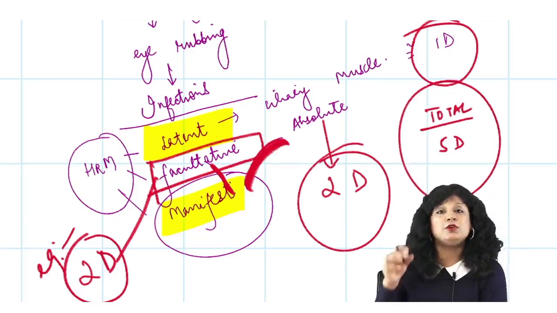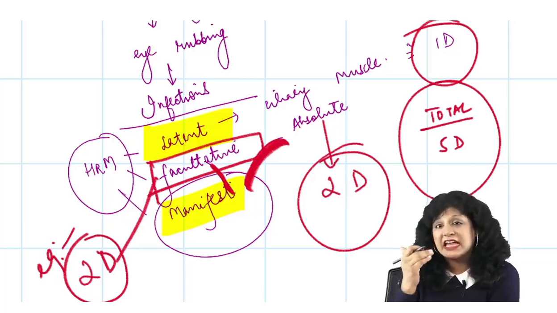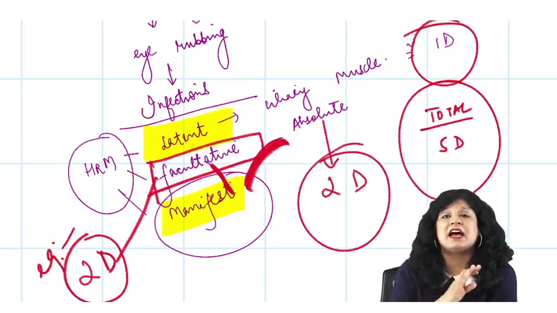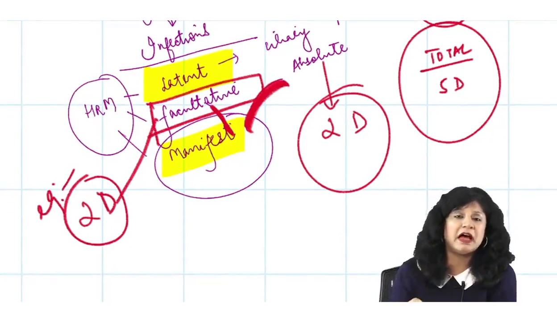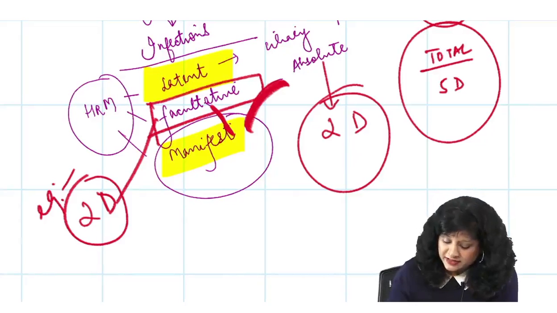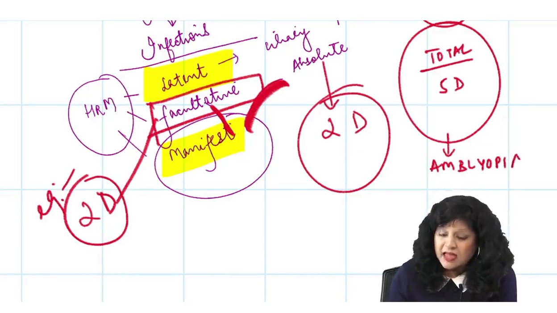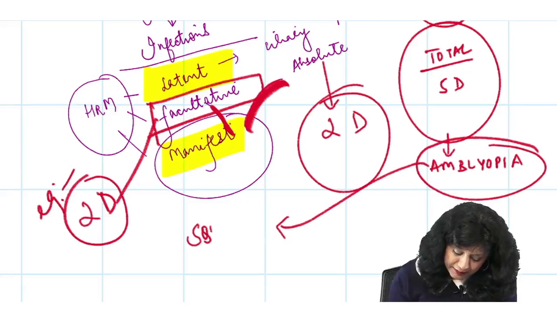So you want to find out the total amount of hypermetropia so that no amount remains uncorrected, because if some amount of hypermetropia remains uncorrected, then the patient will become amblyopic for that amount, and amblyopia can lead to squint. There can be deviation.